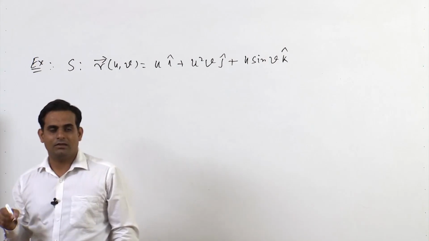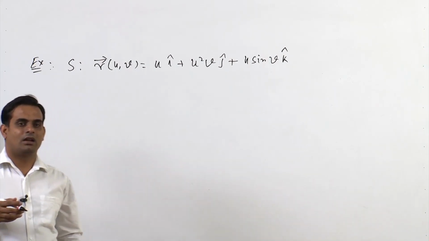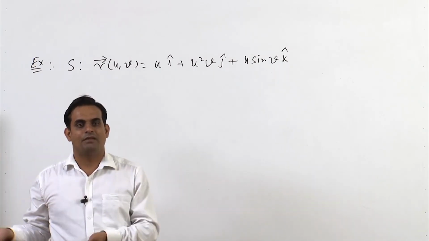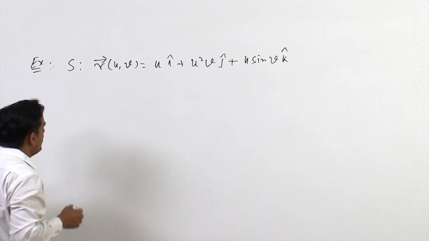Okay, and I need to find out the normal vector to this at some given u and v. So, what will I do?